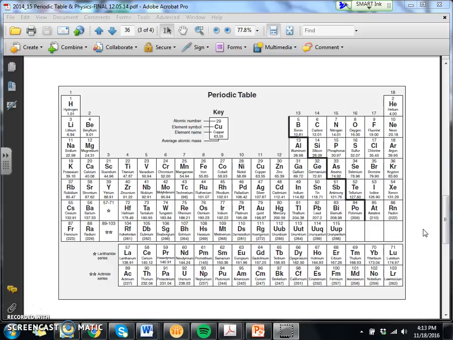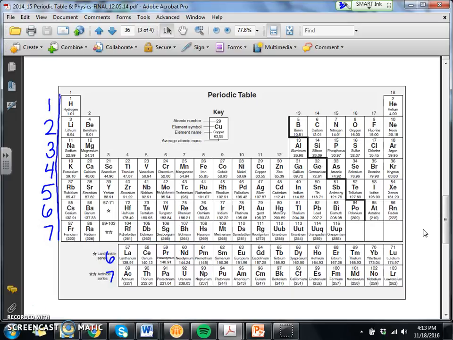Now, remember last video we talked about how each row on the periodic table represents an energy level. So we have 7 energy levels, okay? But each energy level has several sublevels in it. Column 1 through 2 represents the S sublevel.